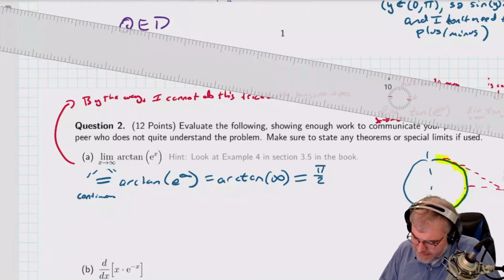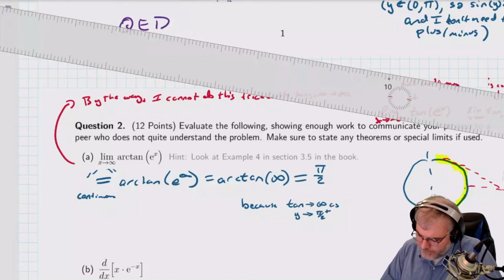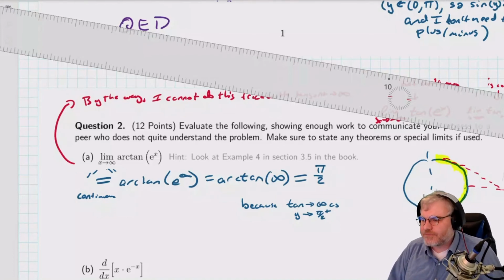That's because tan goes to infinity as y goes to pi over 2 from the right. And I could say right, but then it's just a number. So how do we feel about that?